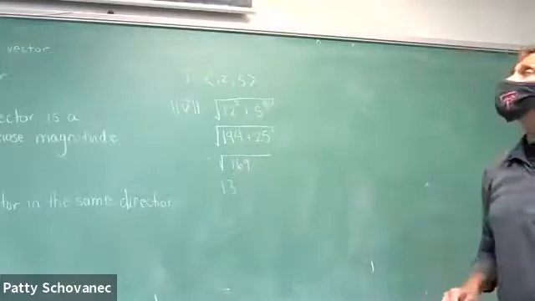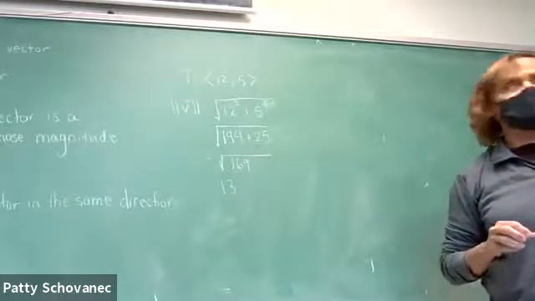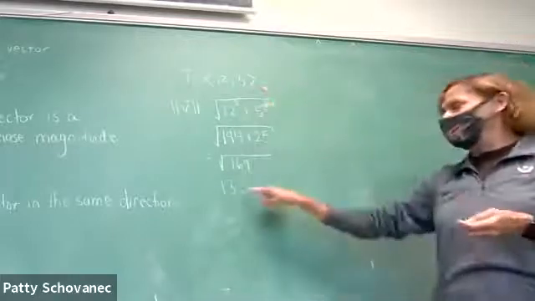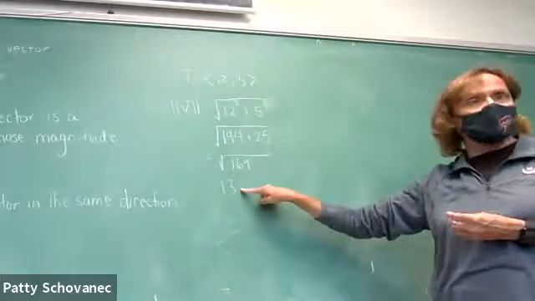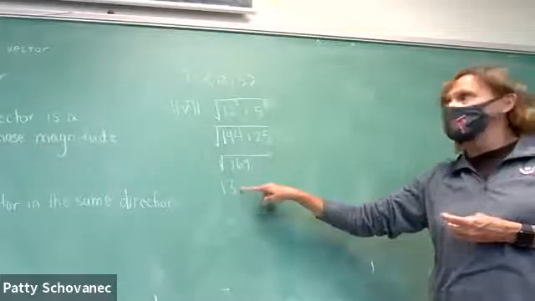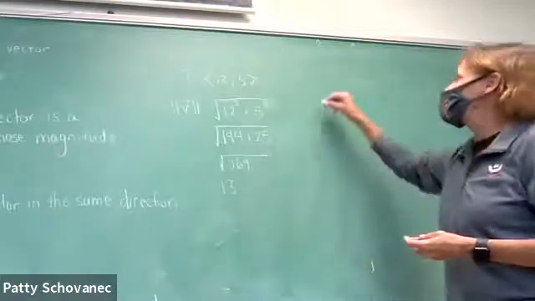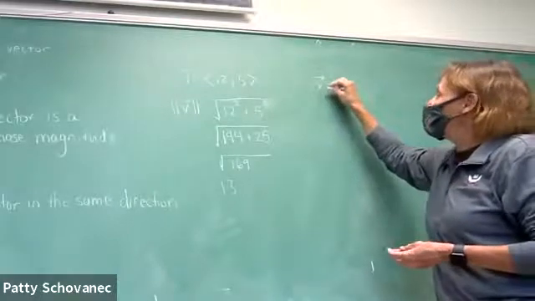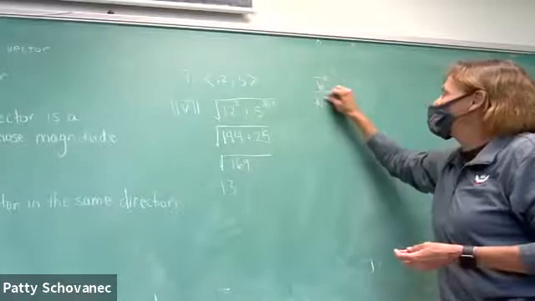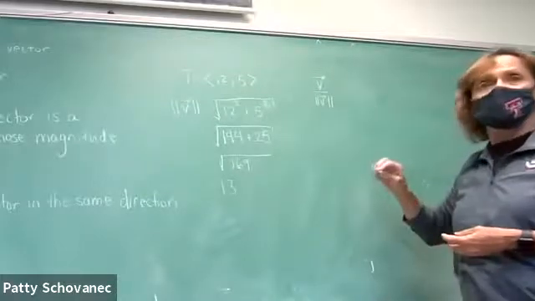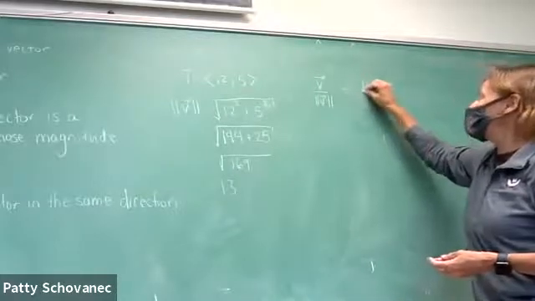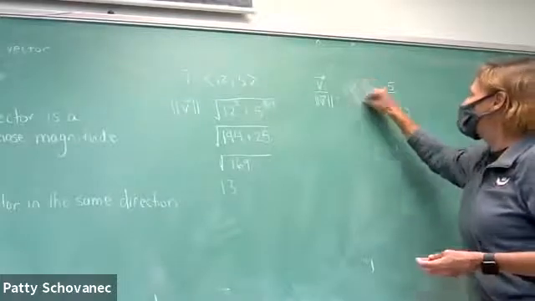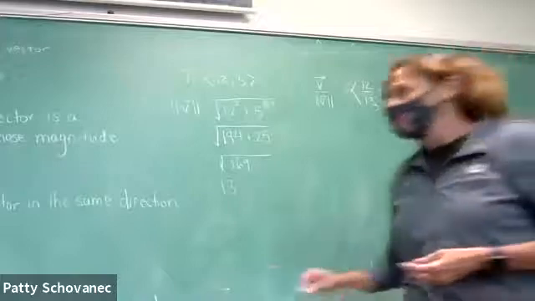So if I wanted a unit vector in that same direction as V, then I got to keep all the signs the same in the x and y component, but I got to scale each component down by a length of 13. So the unit vector in the same direction as V is given by V multiplied by 1 over its magnitude. So in this example, it's just 12 over 13 and 5 over 13, whether you put the 13 in or not.